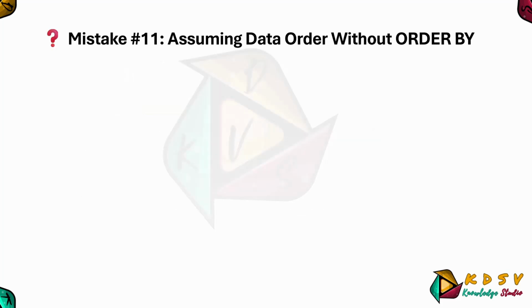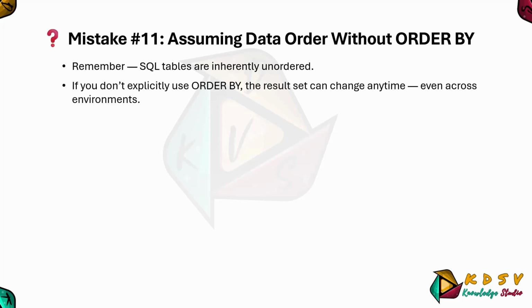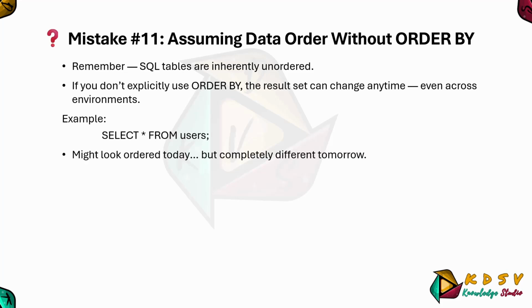Mistake 11: assuming data order without ORDER BY. Remember, SQL tables are inherently unordered. If we do not specify ORDER BY, result sets can change anytime, even across environments. For example, SELECT * FROM users. This might look ordered correctly today, but may not be tomorrow.